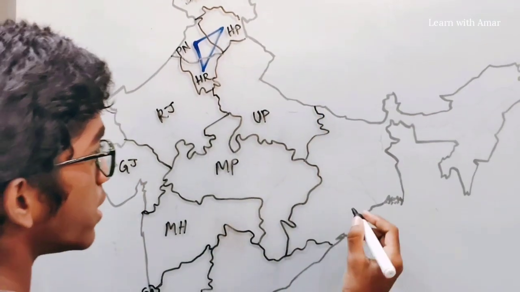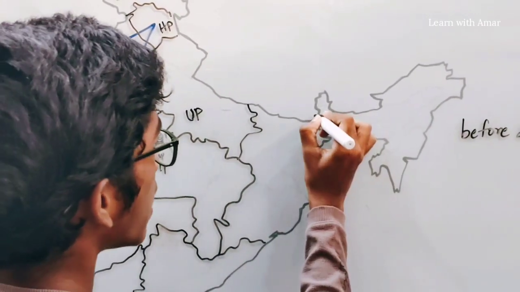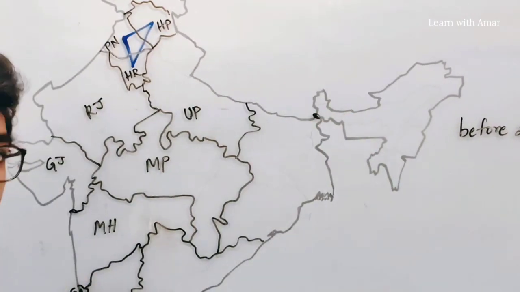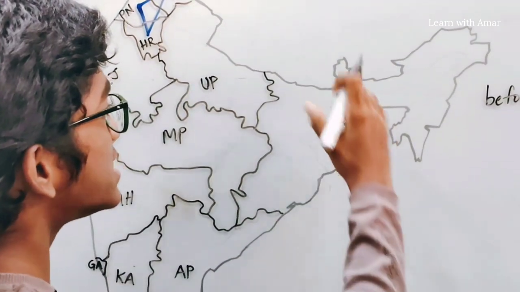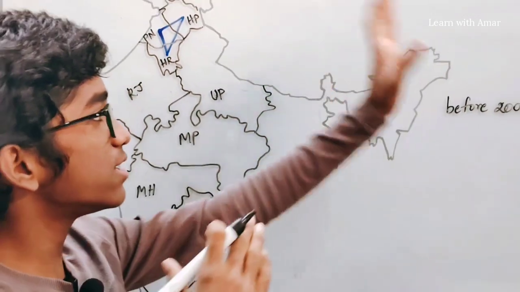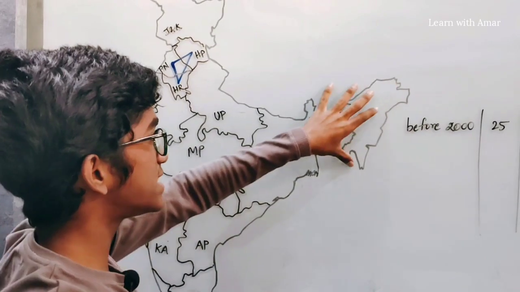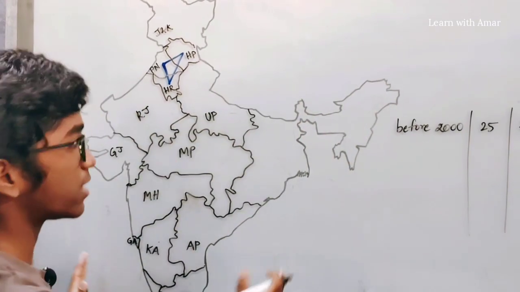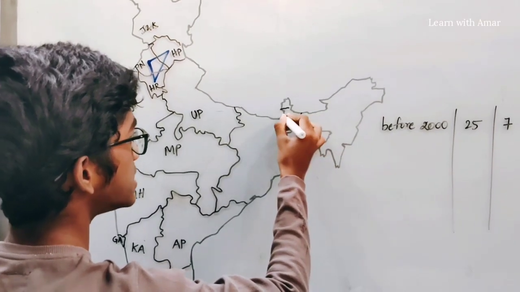Now coming to this area, this part is known as the Chicken Neck Corridor or Siliguri Corridor. This corridor connects India with the remaining 8 northeast frontier states. It connects these 8 states with the rest of India. So this Chicken Neck Corridor is present in this state.